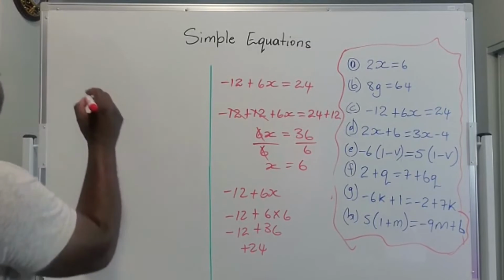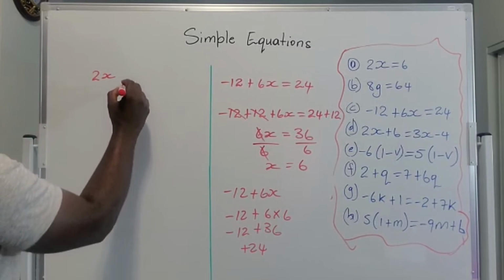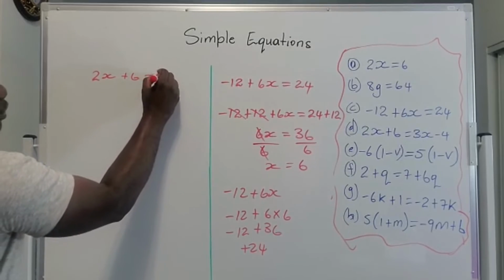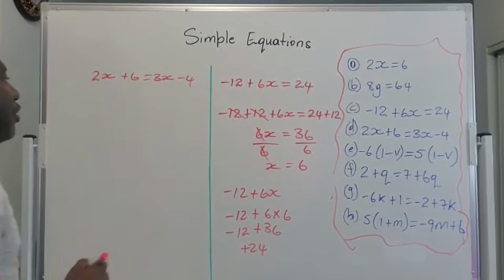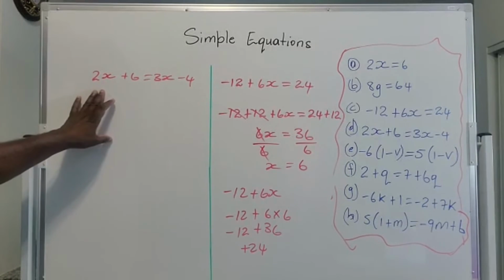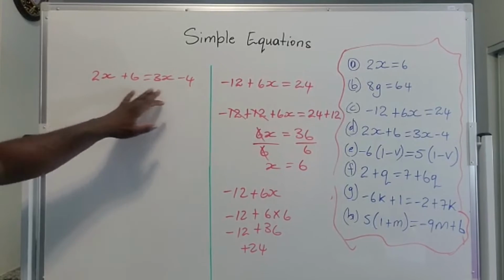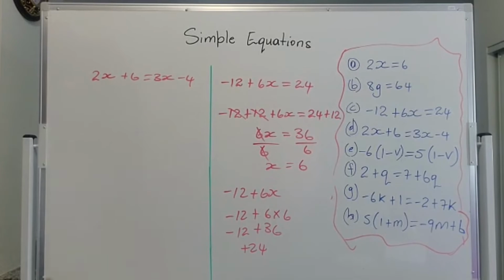So I'm going to go to D, which is 2x plus 6 is equal to 3x minus 4. So again, I need my x's to be on this side. I need it to become an independent variable.